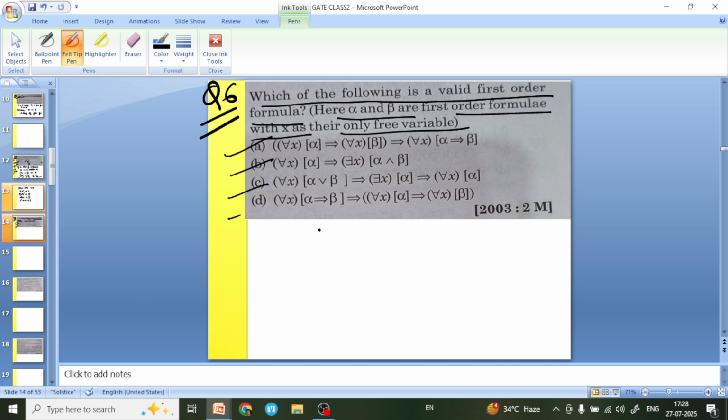In this case, we can see alpha is given on the left side in two cases, and in these two cases alpha and beta both are given on the left hand side, and this is valid.